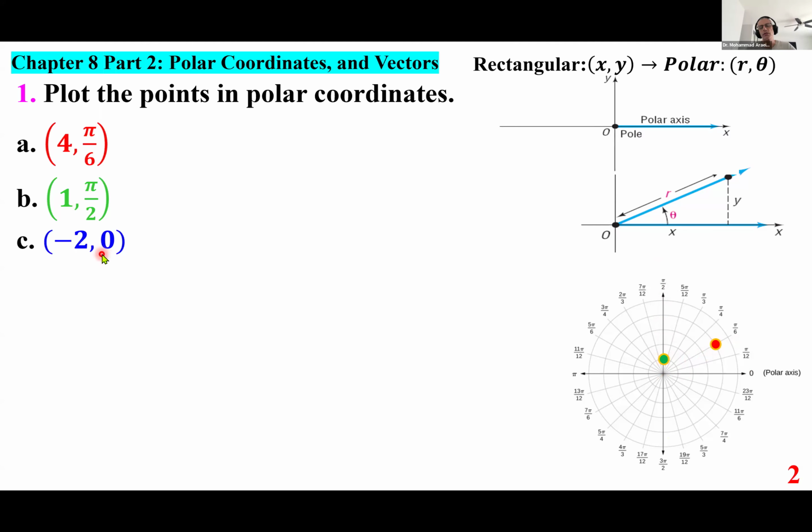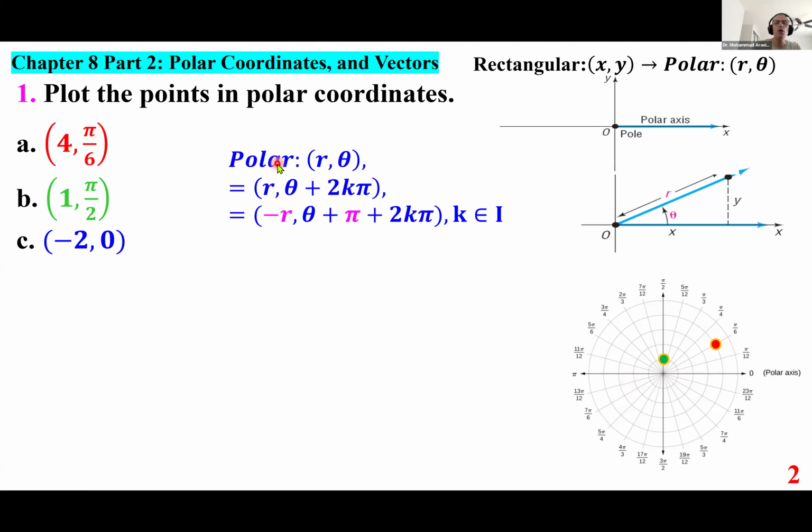Negative 2 comma 0, the way the negative works, first you look at the angle. The angle is along the positive side of the x-axis or polar axis. That would be the 0 angle. And if you go 1 tick mark it is positive 1, 2 is positive 2. In order for you to go negative, you go in the other direction. In other words, polar, unlike rectangular, has infinitely many ways to represent a point.